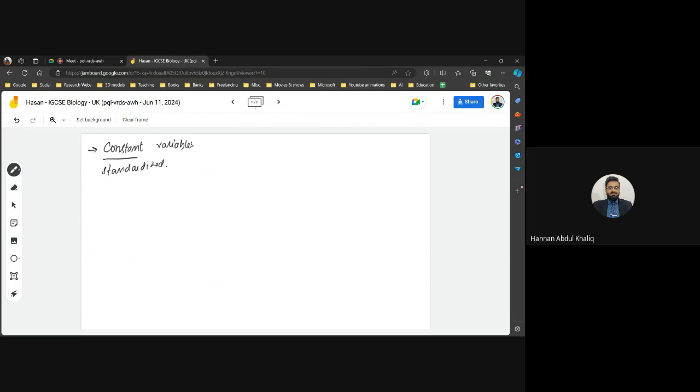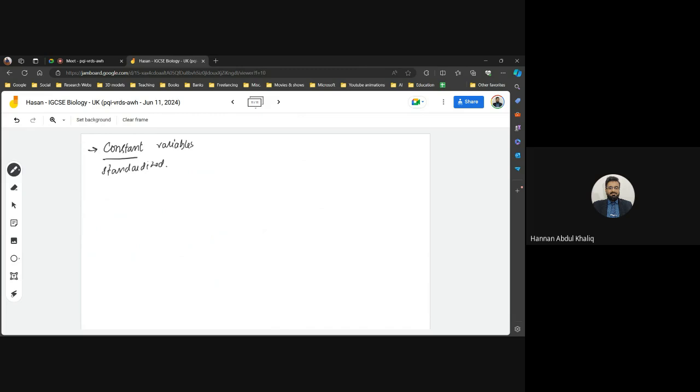Now, constant variable means that these factors can literally change the results, but we are not letting these factors interfere or act. We are keeping them constant, strictly not letting them change. That is the meaning of constant variables.